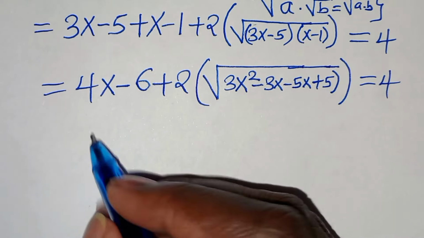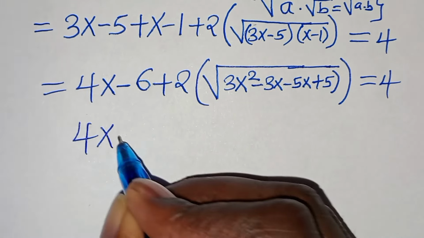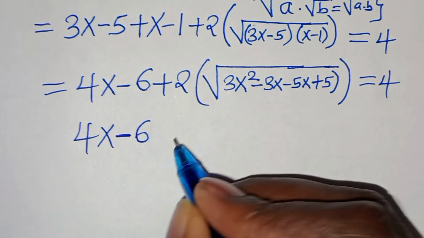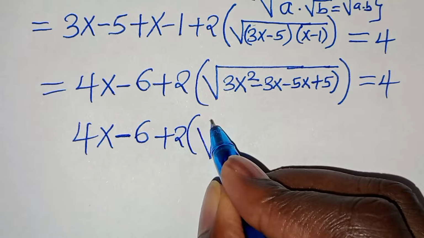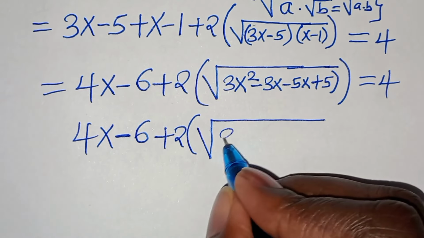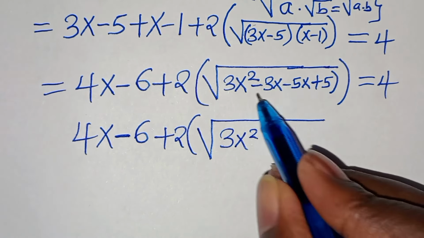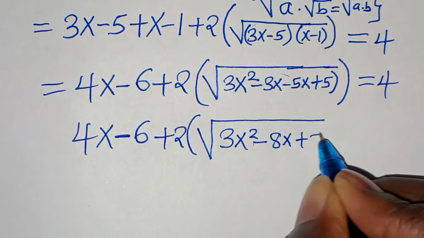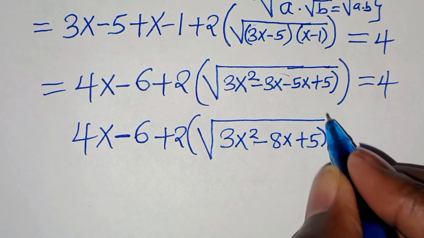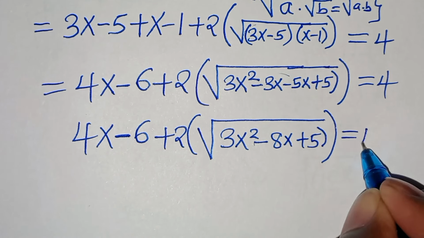So this means that we have 4x minus 6, then plus 2 into the parentheses, the square root of 3x squared minus 3x minus 5x, which is minus 8x, then plus 5. Close the parentheses. This is equal to 4.